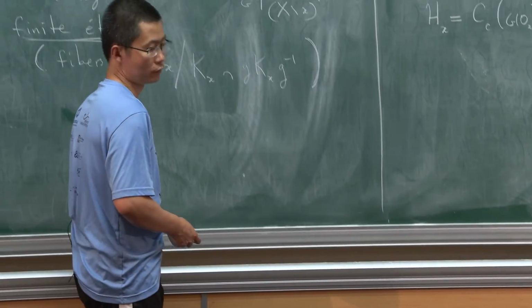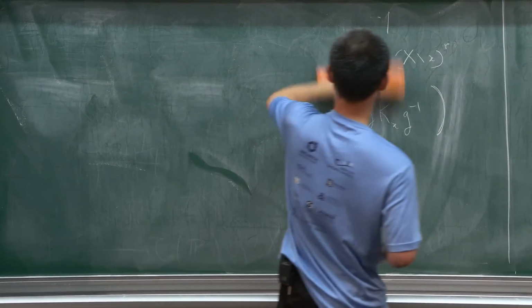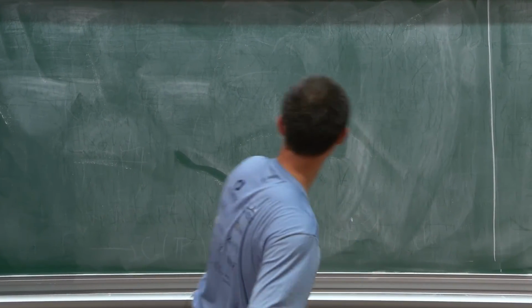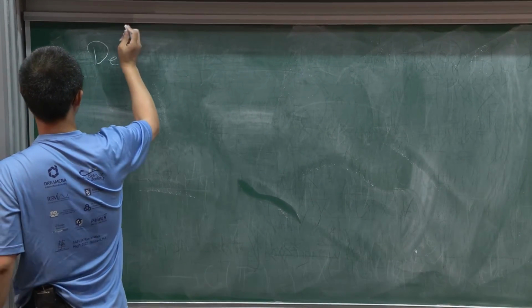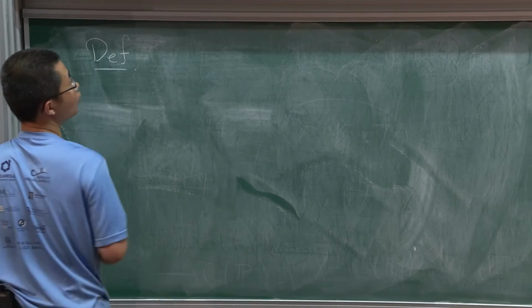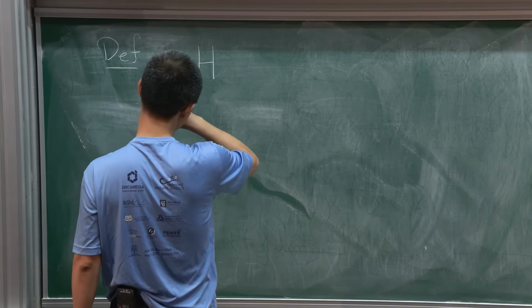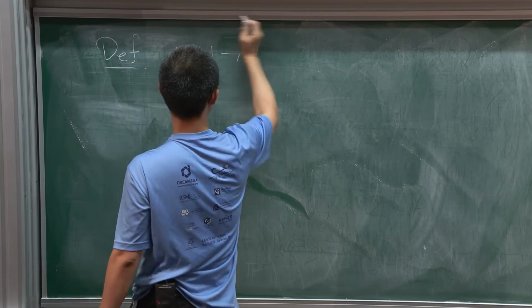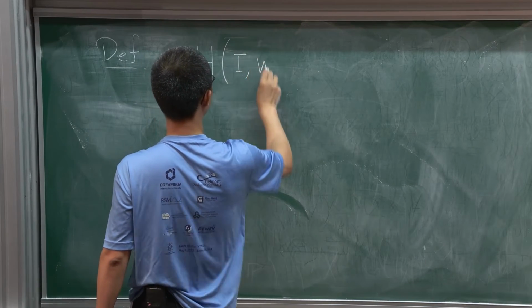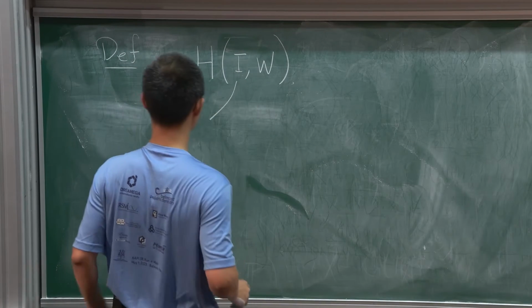So we have this sheaf, and then we can define, I'll give a definition. So I want to define something called H_I, well, sometimes H_I^W, which Cong Xue will talk more about.